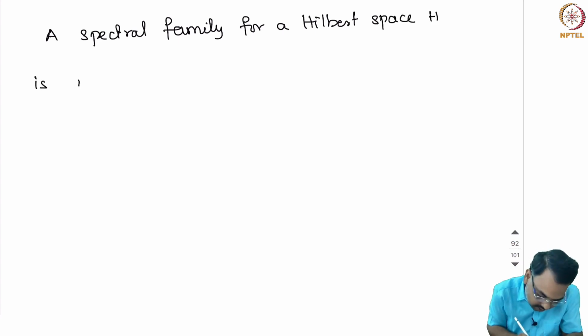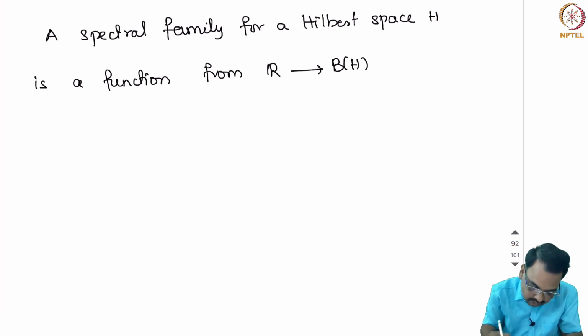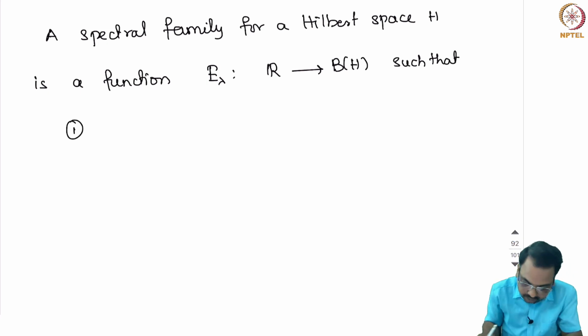is a function from R to B(H), E lambda, such that the following conditions are satisfied.